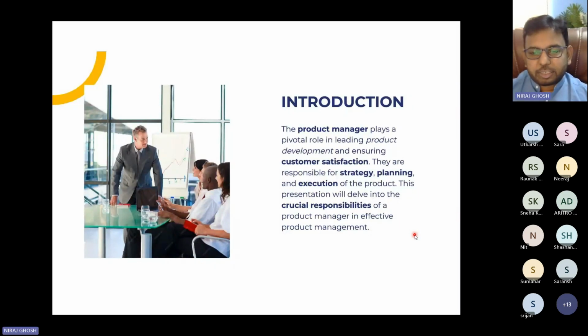A product manager is responsible for customer satisfaction. He's responsible for creating the strategy for the product, planning the product, preparing the roadmap, ensuring that the roadmap is getting executed on time, and that there is effective collaboration between all the different stakeholders.